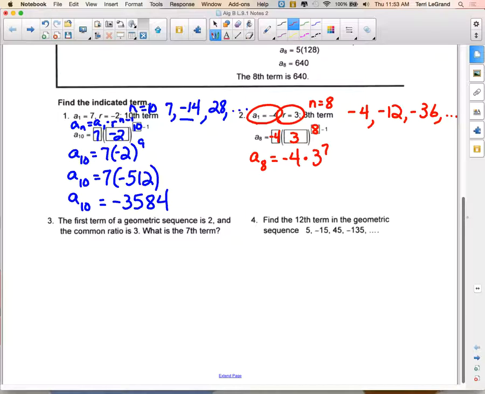I said it like that because your brain's going to want to keep working from left to right and take those first 2 numbers times each other. But that isn't what we want to do. We don't want to take negative 4 times 3. We have to take care of our power first: 3 to the 7th power. I'm going to guess that's a fairly nice size number. What is it?